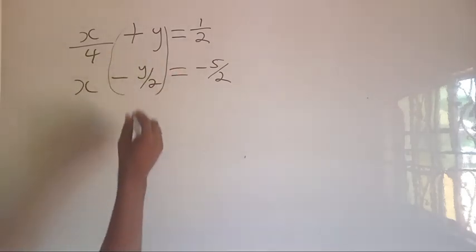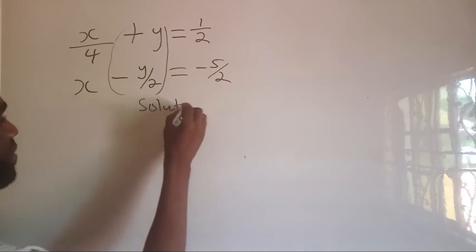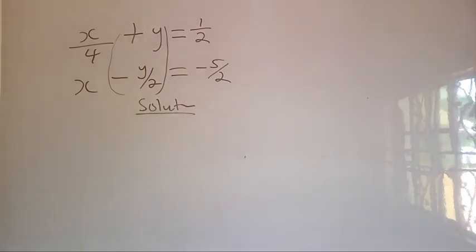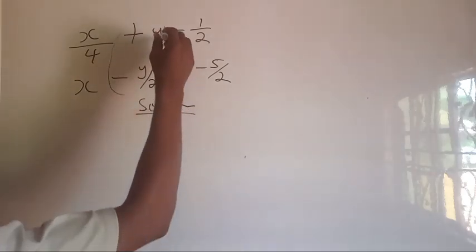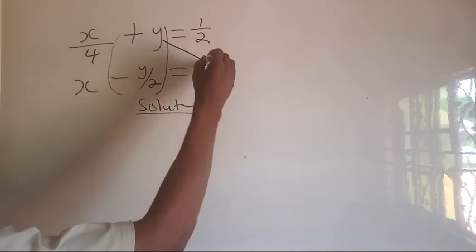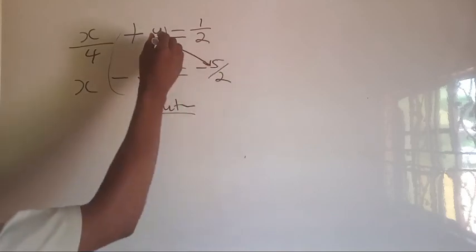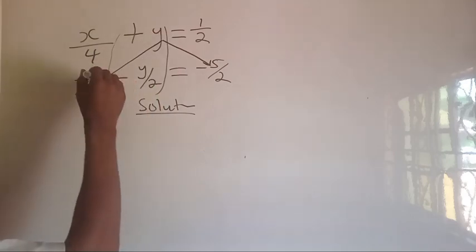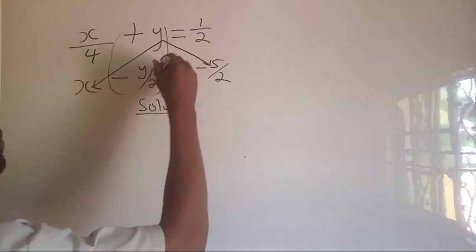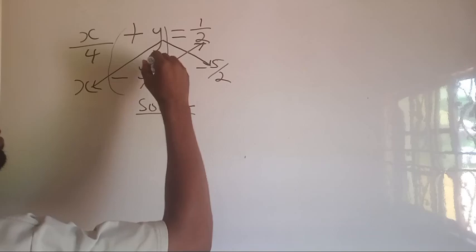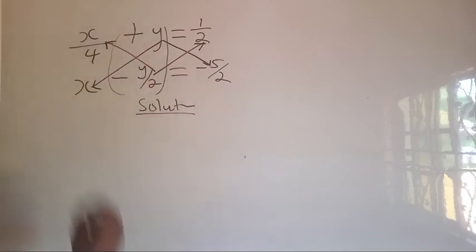Now, in doing this, as I explained before, you have to cross this. Those of you that always find it difficult, you do it like this so that you will not forget. Then cross, cross, so that you will not forget.